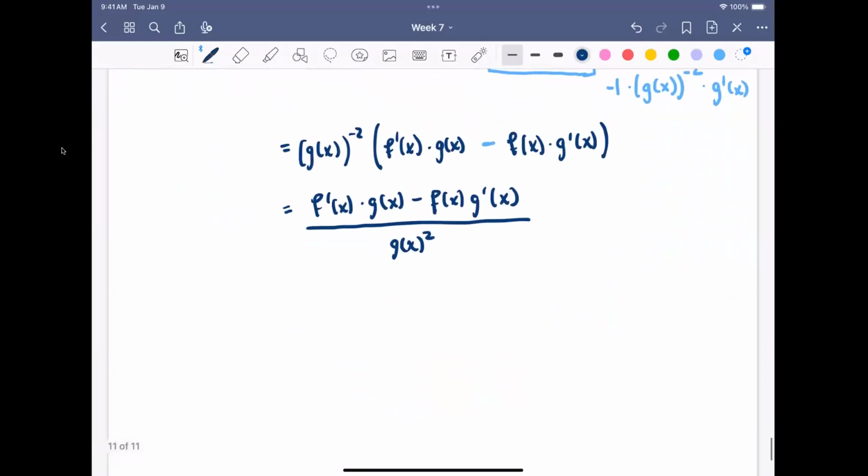So let's do implicit differentiation. Okay, so what this is going to allow us to do is to find the equation of tangent lines to curves.